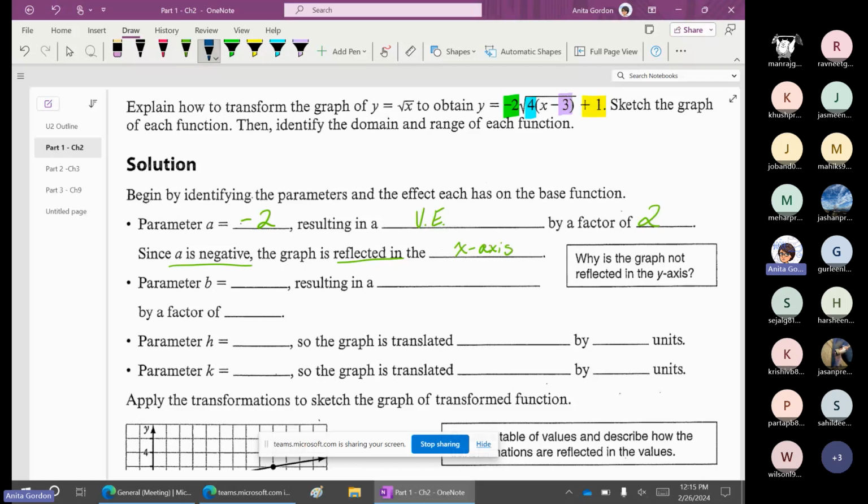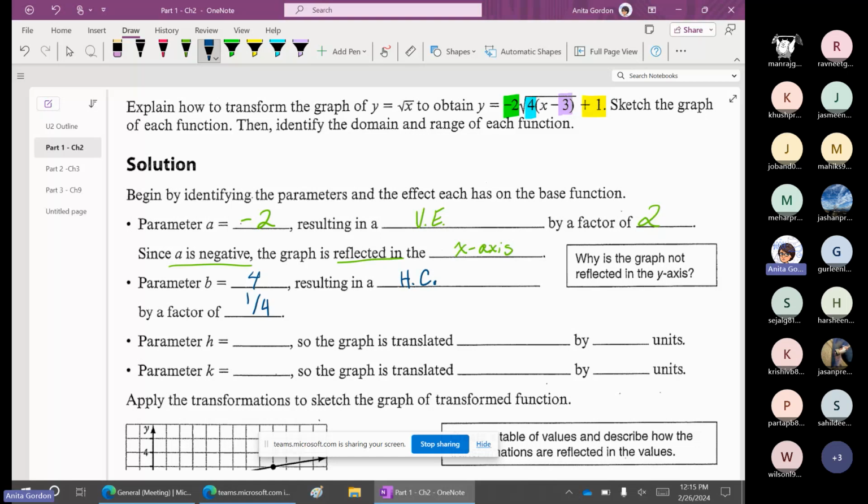Looking at the b value, I see a b value of 4. This tells me that I have a horizontal compression by a factor of 1/4. Compression because it's a number greater than 1, but when I represent it in terms of my mapping, the factor is going to be 1/4.